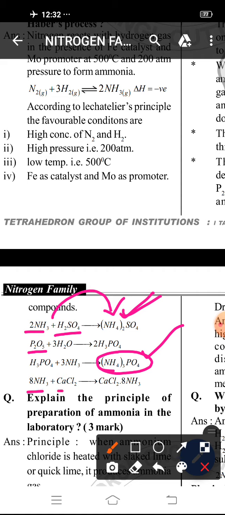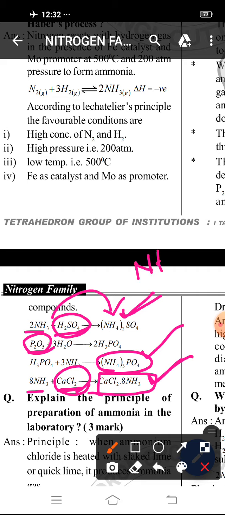In this case, pure ammonia is also not obtained. When ammonia reacts with calcium chloride, it forms a complex. That means here also another product is formed. Pure ammonia cannot be obtained when ammonia gas passes through concentrated H2SO4 or P2O5 or CaCl2. Due to its basic nature, it reacts with these compounds.